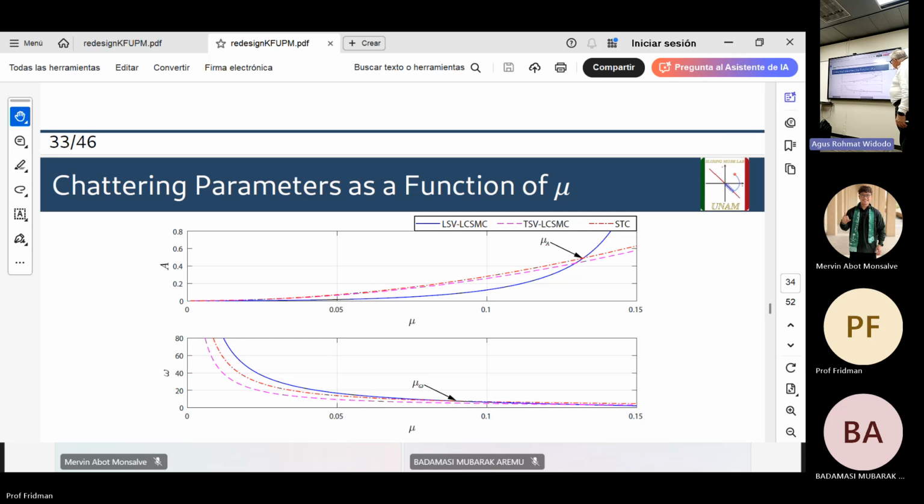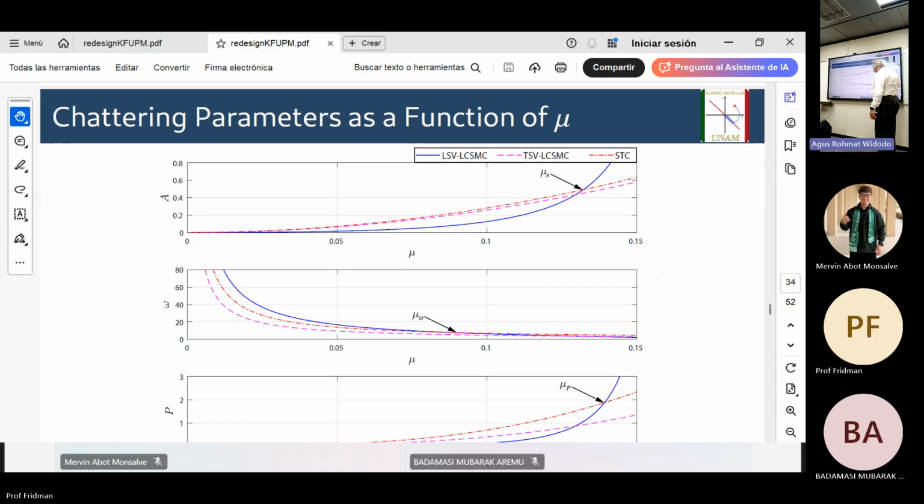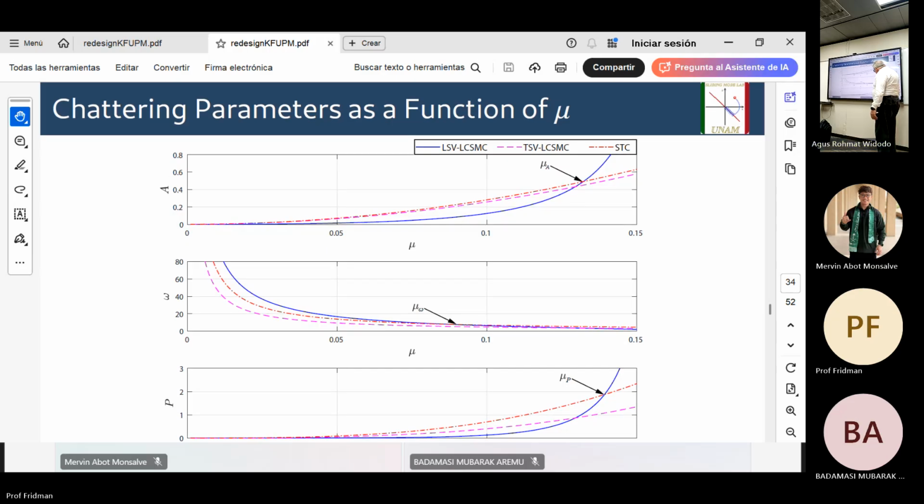So here you see what happens. There are 3 lines now, and what surprised even me, I never thought of it. But what happens? You have here 3 algorithms to compare. And these 3 algorithms are the following.